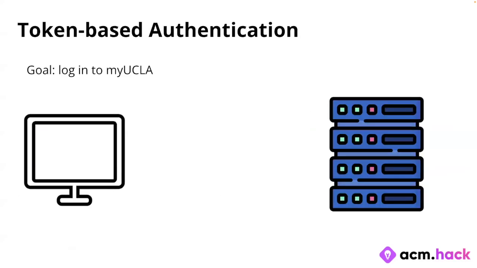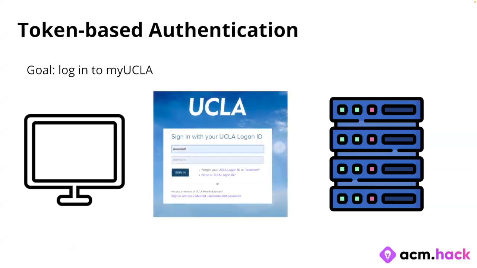Okay, great. Now I'll explain how token-based user authentication works with an example of signing into my UCLA website. So let's say my goal is to sign into my UCLA website with my UCLA account. So I go to the website, type in my ID and password, and click that blue sign in button.